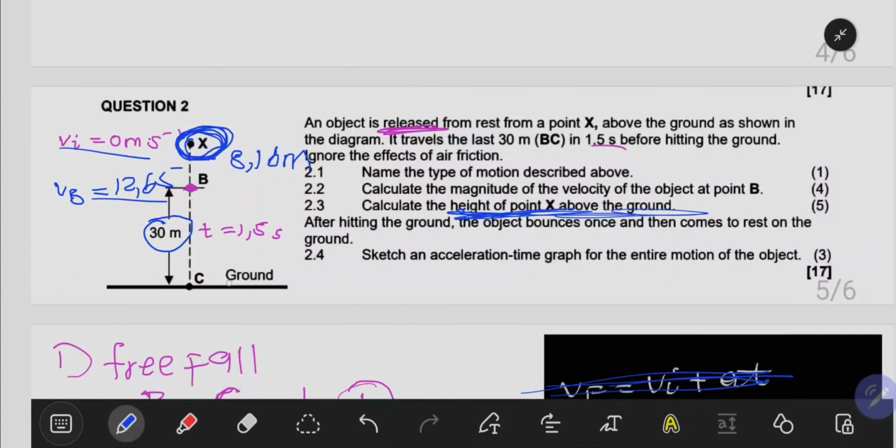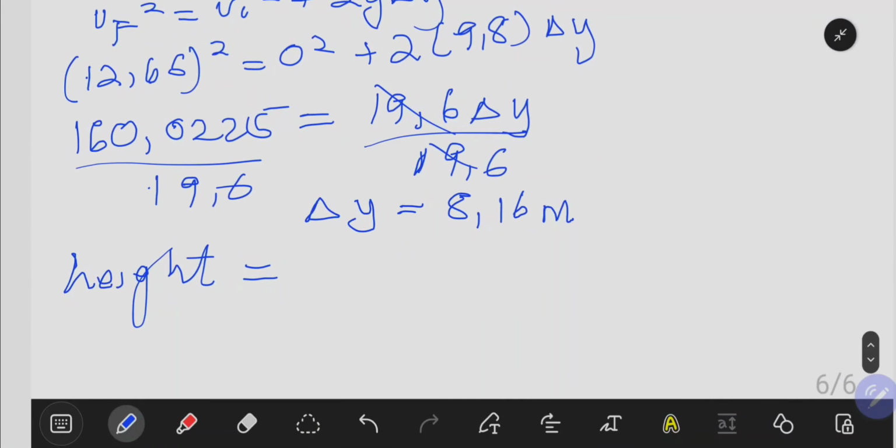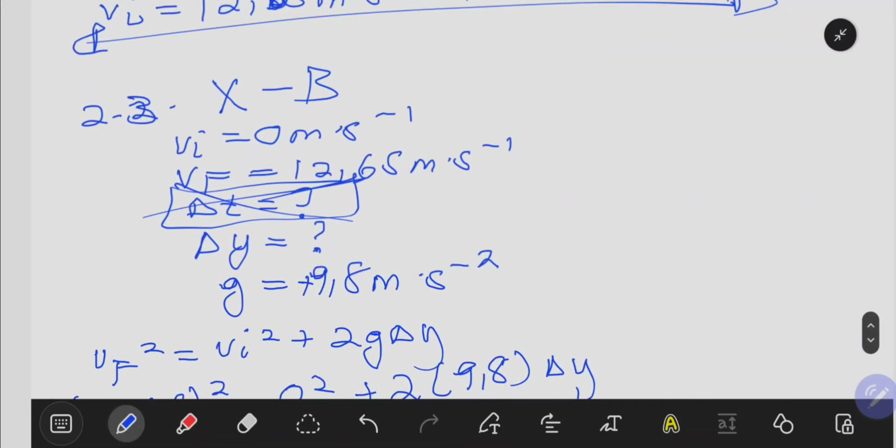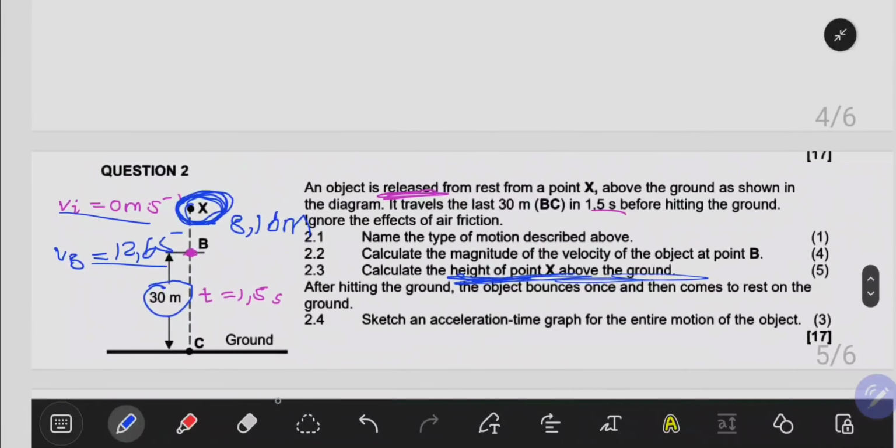And as you can see, when they want the height, they want the distance from X to C. So we can add the distance from X to B plus B to C. You can see it here.